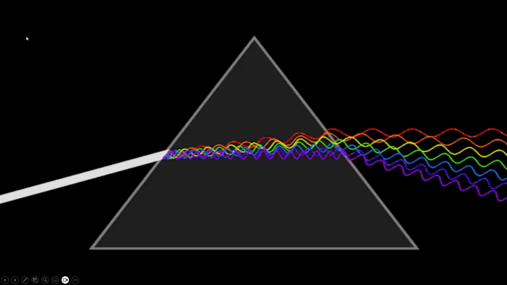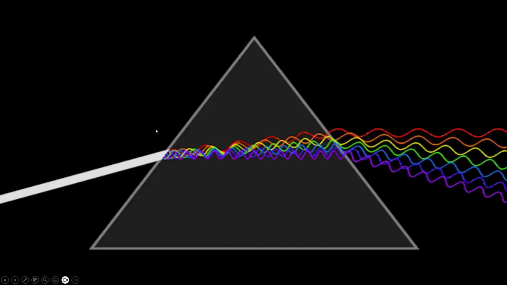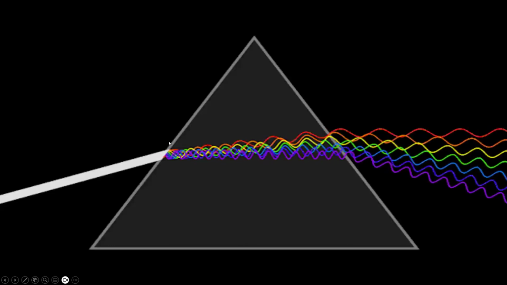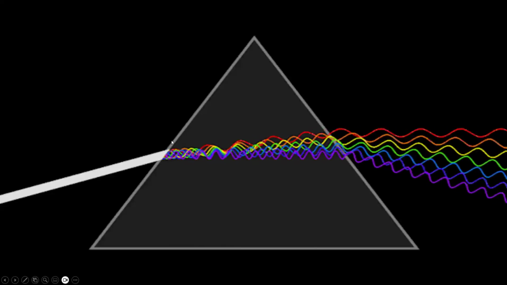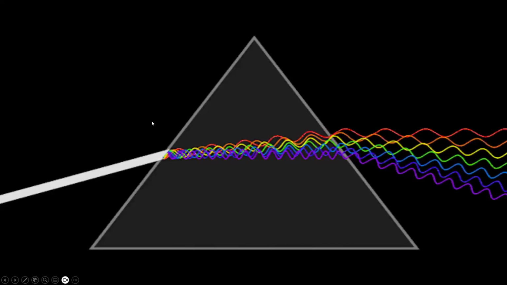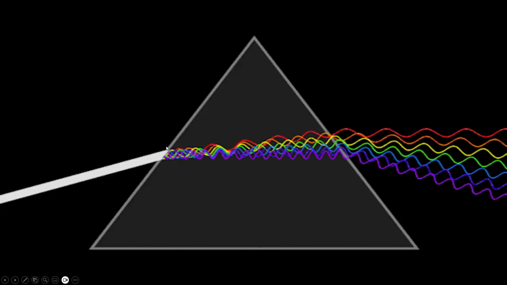If you shine the light straight, perpendicularly to the interface, and the interface is that point where one medium meets the next, so that's the interface line.